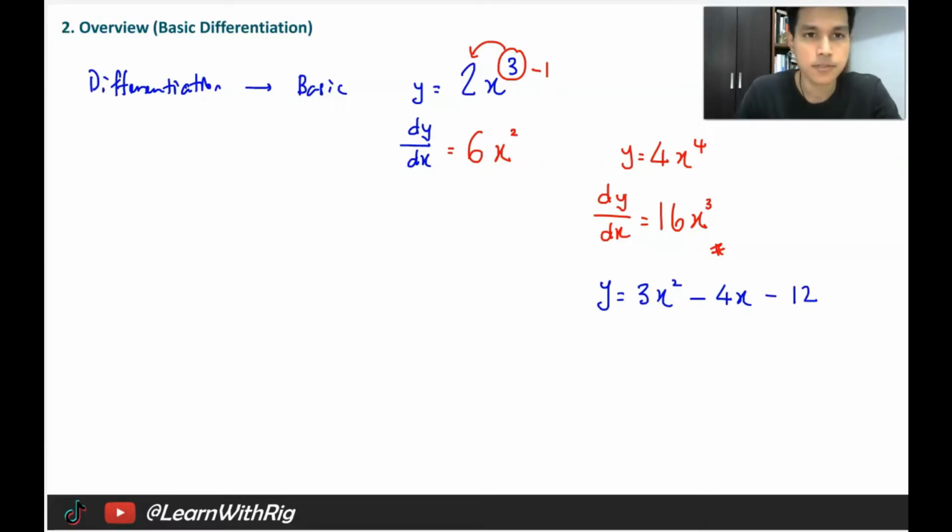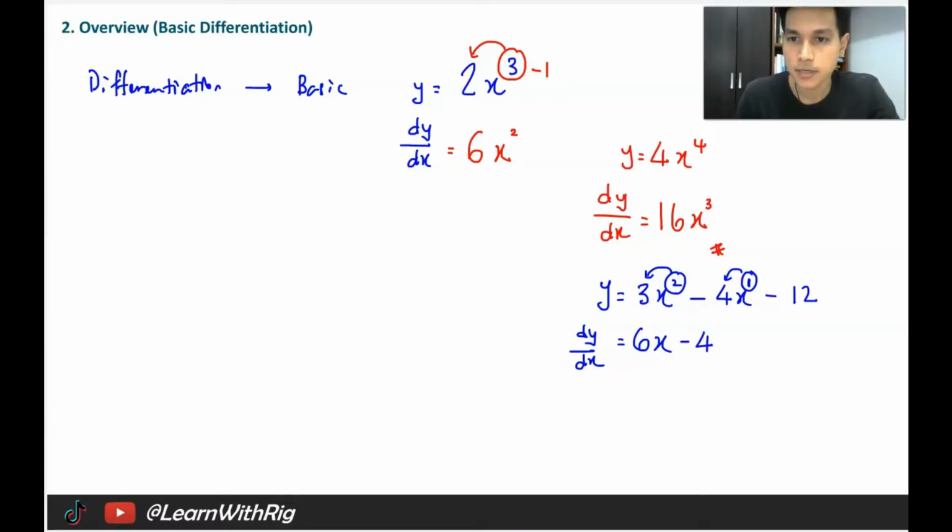Same thing, the exact same way. You write dy/dx equals: 3 times 2, you get 6x, 2 minus 1, power 1. You don't have to write power 1, just leave it as it is. So 6x. Next, 4x. This is x power 1, correct? So 1 multiplied by 4, you get 4, no difference. So you just write negative 4.